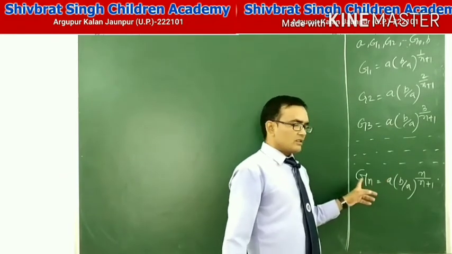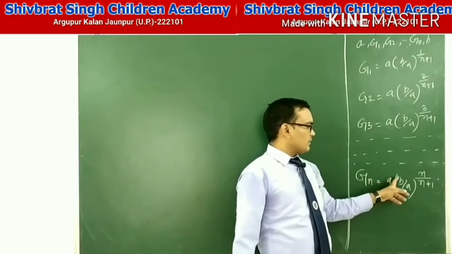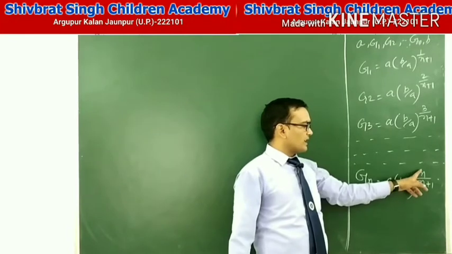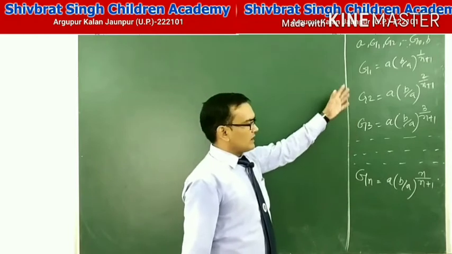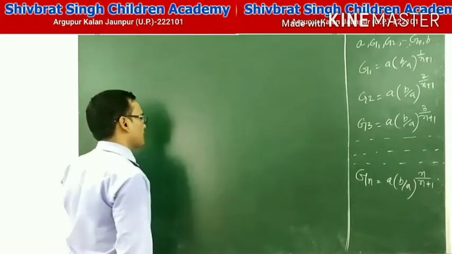Similarly Gn equal to a (b upon a) to the power n upon n plus 1. This formula is understood with the help of examples.